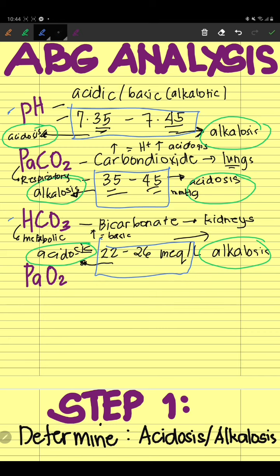Your partial pressure of your oxygen naman is not really directly related with the determination of whether the patient has respiratory or metabolic acidosis. So it would simply determine if the patient is hypoxemic. So again, this is also controlled by your lungs. The normal level of your partial pressure of your oxygen is 80 to 100 millimeter mercury.